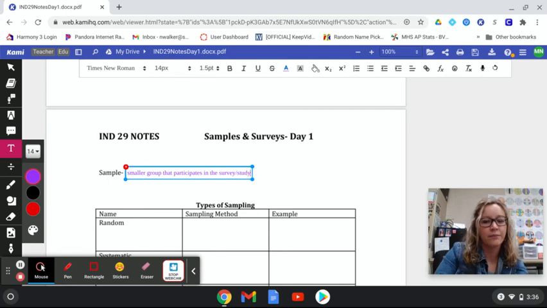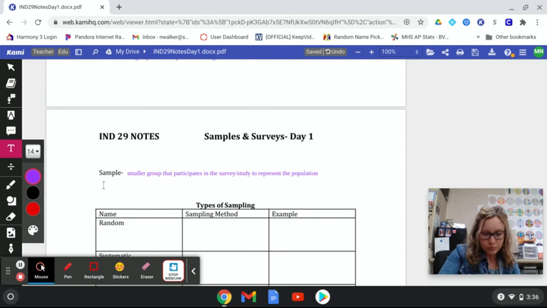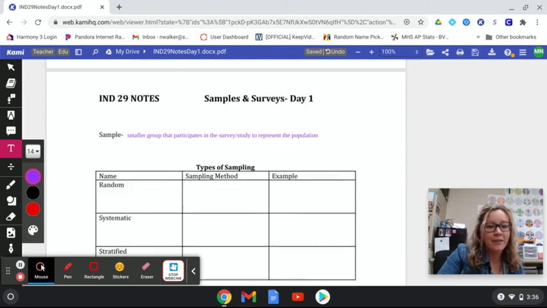Survey or study to represent the population. And then whenever you are doing sampling, you always want to make sure that you have a wide variety and you have a good sample of people. You don't want to sample everybody that are identical. You want it to be a wide variety.